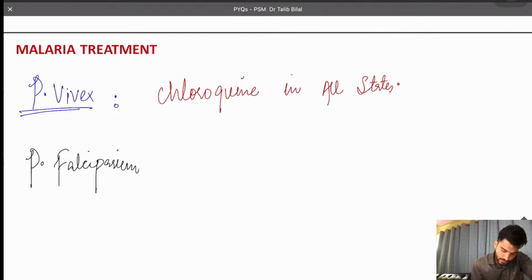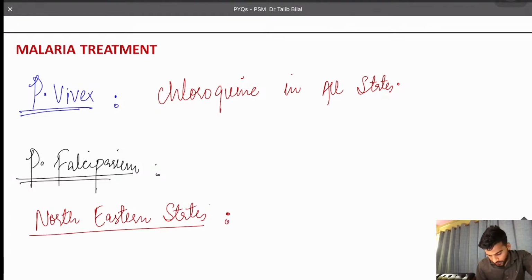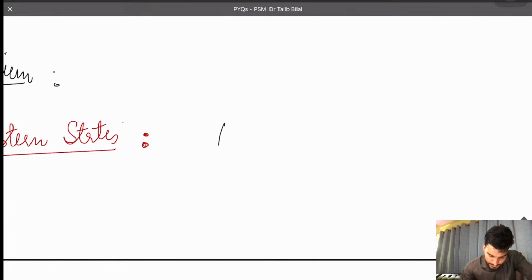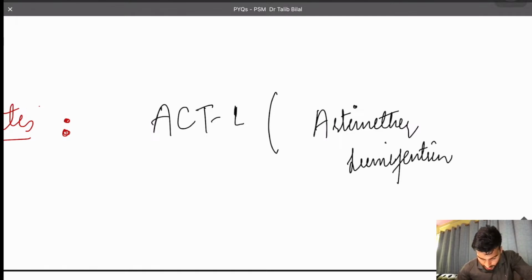If Plasmodium falciparum in northeastern states, your answer is going to be ACTL, that is artemether and lumefantrine, along with primaquine.